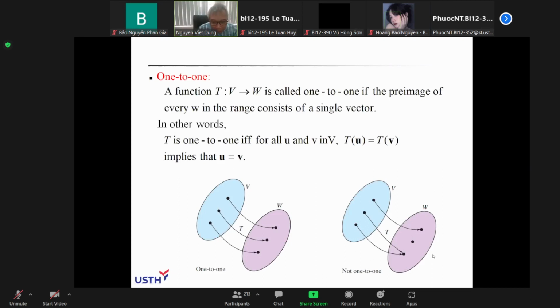Because in this case, that vector in the codomain, lying in the range of T, is the image of two different vectors inside the domain. That is unacceptable for the definition here. So that is one-to-one. Or you can remember it by a formula like that: if we have Tu equals Tv, it implies that u and v must coincide.